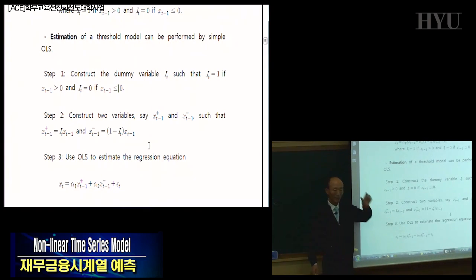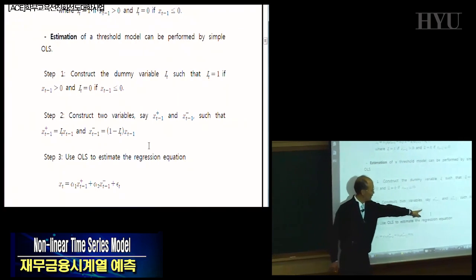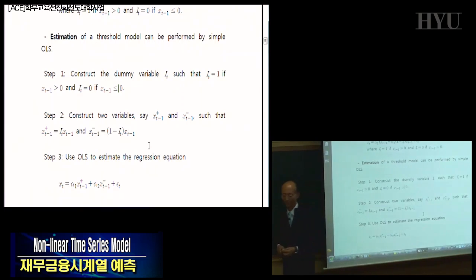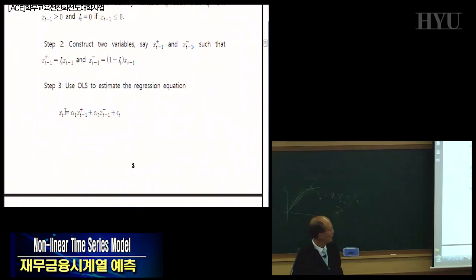We have the x_{t-1} data, and the indicator is either 1 or 0, so we multiply it, and that's your x_{t-1}^+. Then redefine the indicator as 1 minus that, and multiply it, so you have another variable. Then we can run a regression of x_t on either this or that.